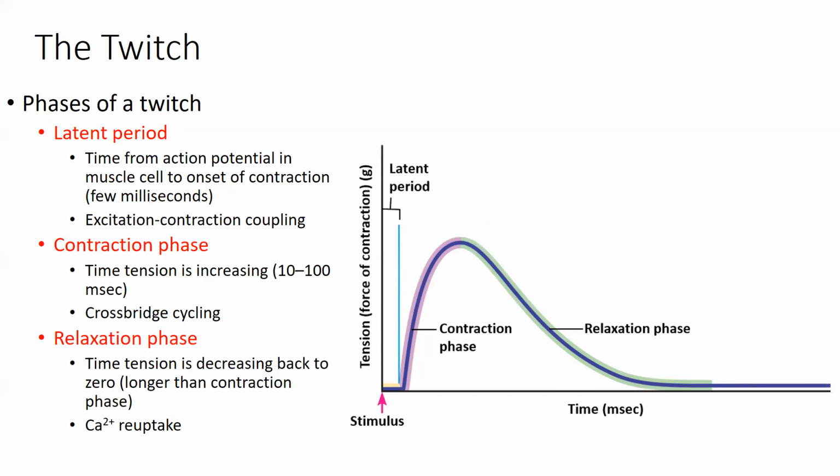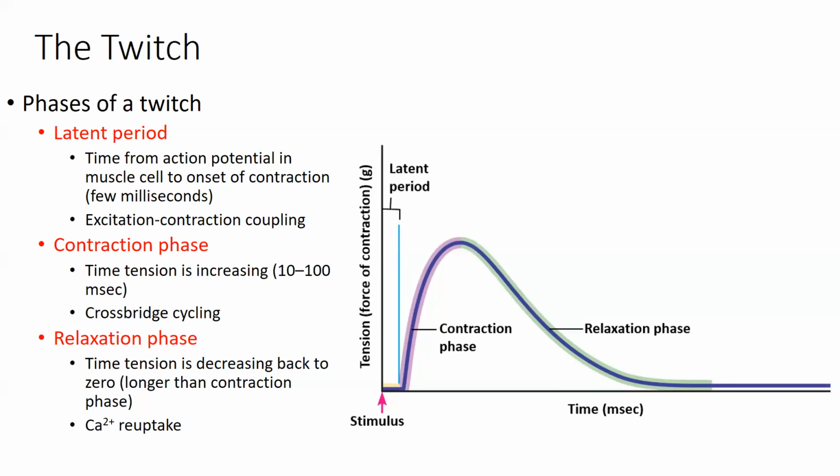And during this part of the twitch, we have active cross-bridge cycling. Okay. So calcium has entered the cytosol, interacts with those troponin molecules. That's going to make those tropomyosin sites, those myosin binding sites available, and active cross-bridge cycling is occurring. Okay, so as we see, force or tension is generated as that sarcomere shortens.